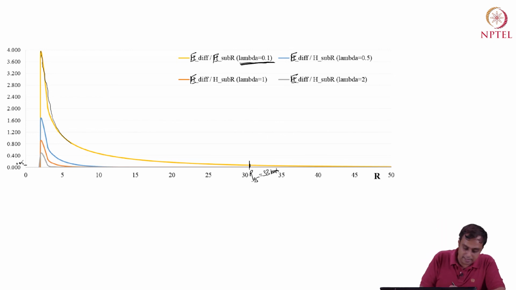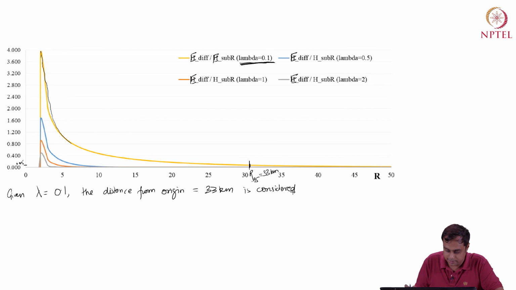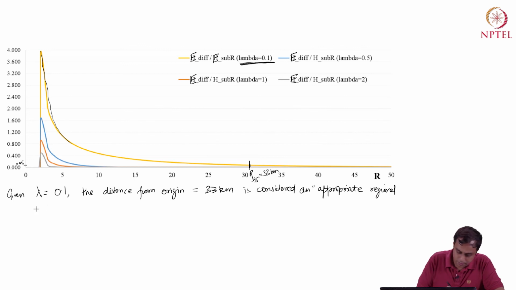What this means is that given lambda equals 0.1, a distance from the origin equal to 33 kilometers is considered an appropriate regional boundary for a monocentric city, right?